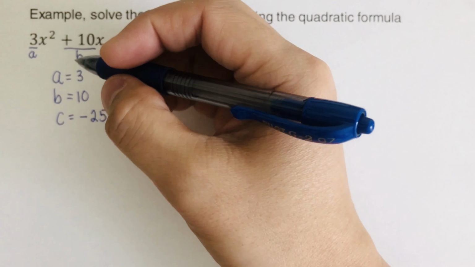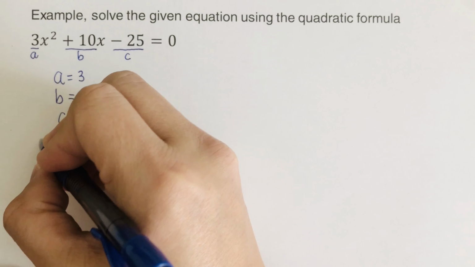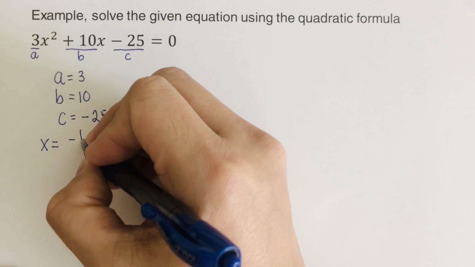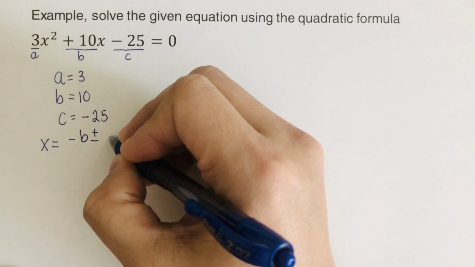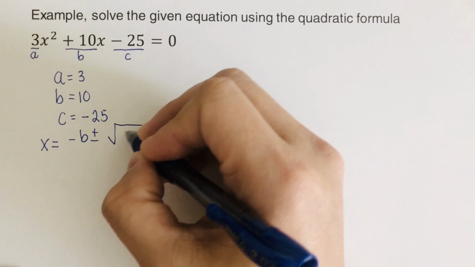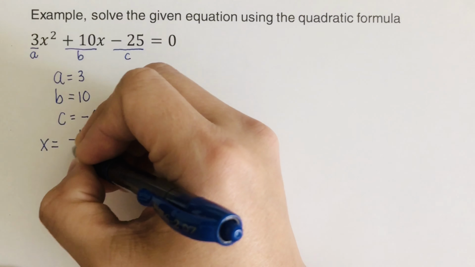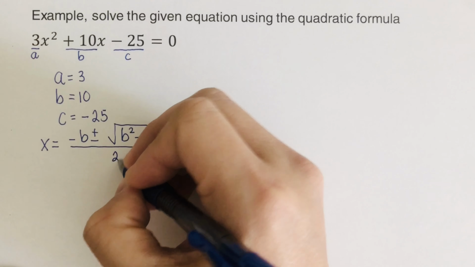So we are going to write the equation. To solve for x using the quadratic formula, x is equal to negative b plus minus the square root of b squared minus 4ac, over 2a.